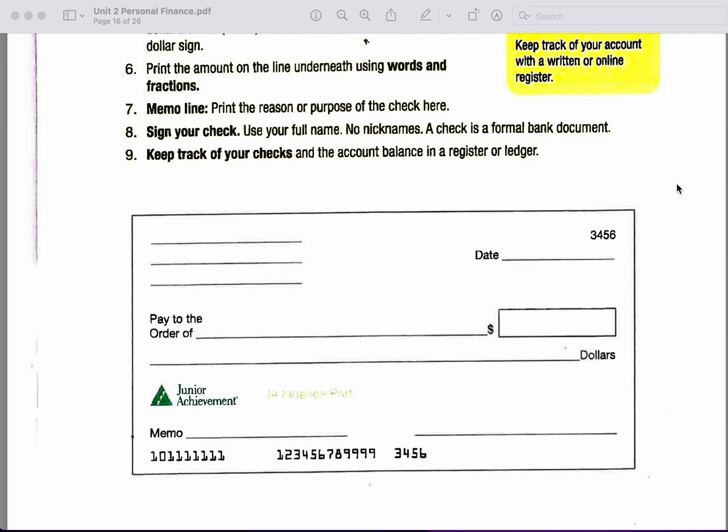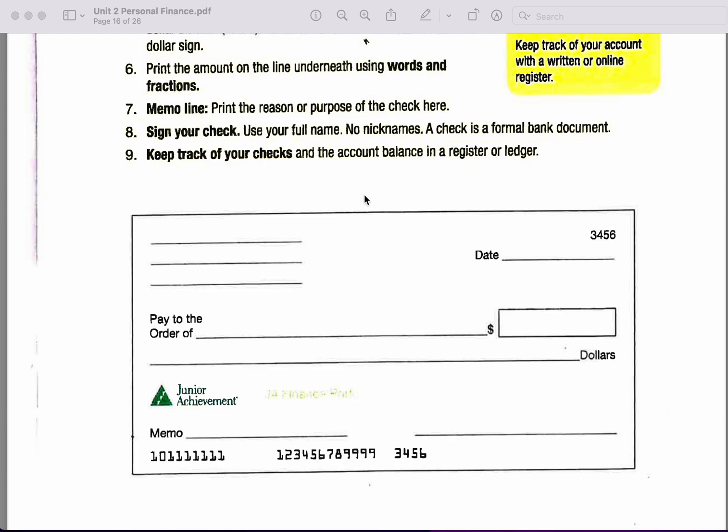People don't write so many checks anymore, not like they used to in the age before computers, but they still do. I mean, I still receive checks in the mail from businesses and things like that. And sometimes we have to write a check to another person if we can't Venmo them or we can't use PayPal and things like that. Online banking has changed a lot of things. However, we still should know how to write a check.